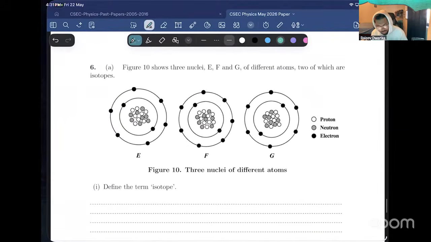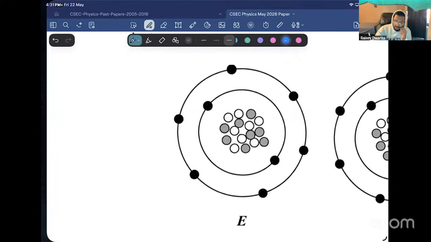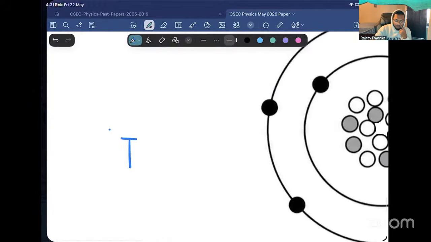Figure 10 shows 3 nuclei, E, F, and G, of different atoms, 2 of which are isotopes. So guys, remind me quickly. If I have an element Z, you see we have an element, what does this represent?